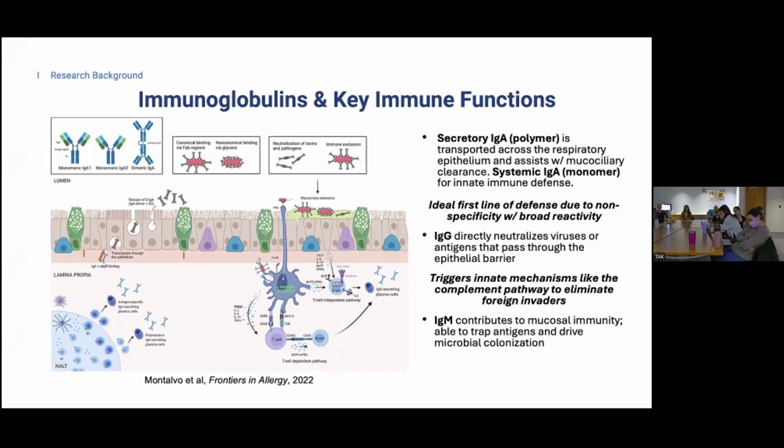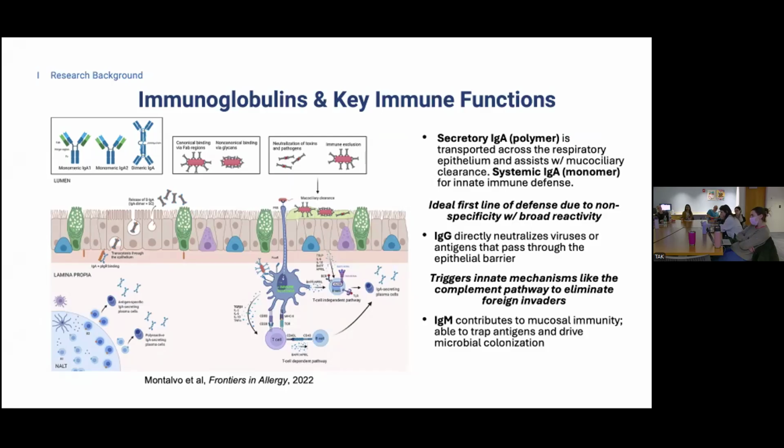So I have bulleted here. Secretory IgA is a polymer. So when it's secreted through the respiratory epithelium, it could be monomeric initially, and then it becomes dimeric. And then secondly, the systemic IgA, which is in the blood and serum, is usually monomeric. And the key difference is that because the secretory IgA is secreted across, it's non-specific and has broad reactivity versus systemic IgA, which battles more towards innate immunity.